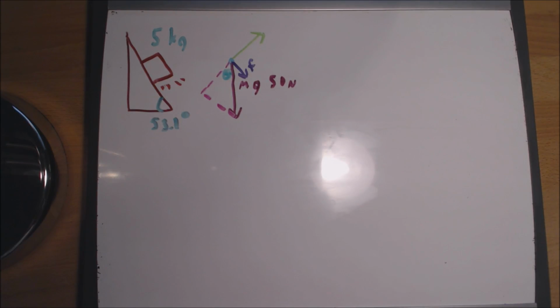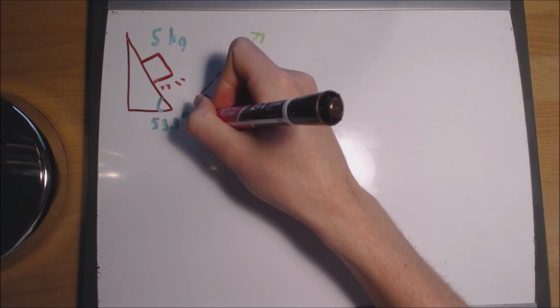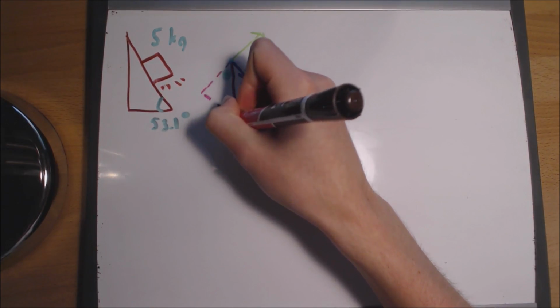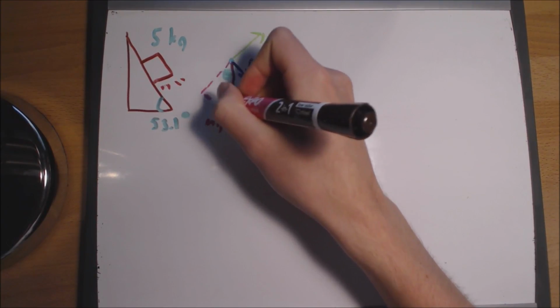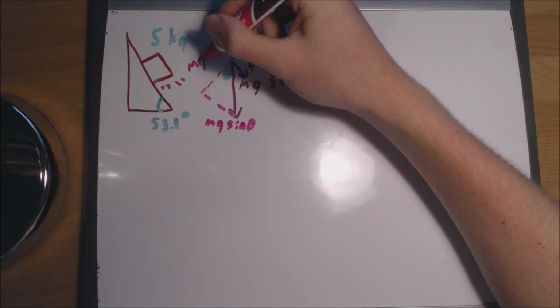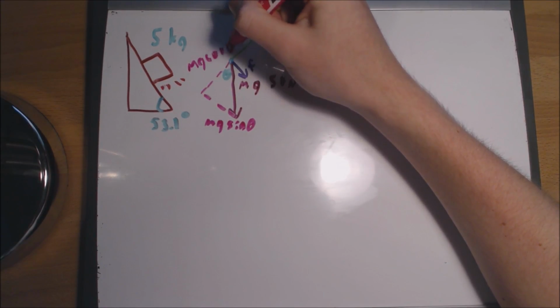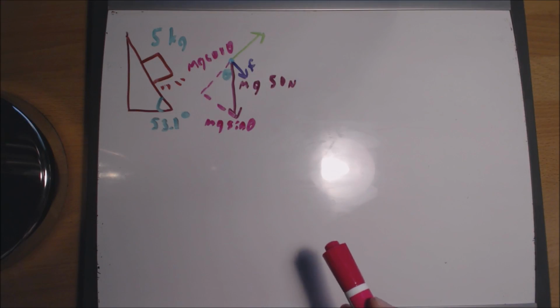I'll just call it theta instead of saying 53.1 each time. We know that this side is going to be mg sine theta, because it's the opposite from the theta, and this one's going to be mg cosine theta. So that's awesome. Now we've got all our forces described.